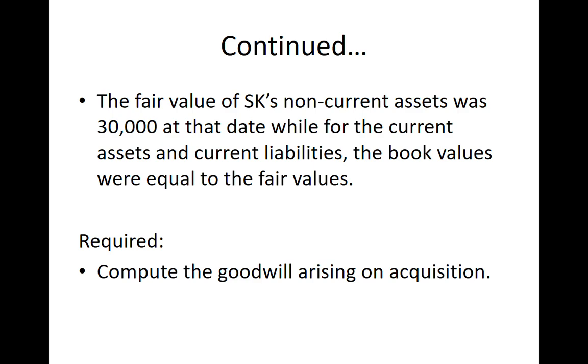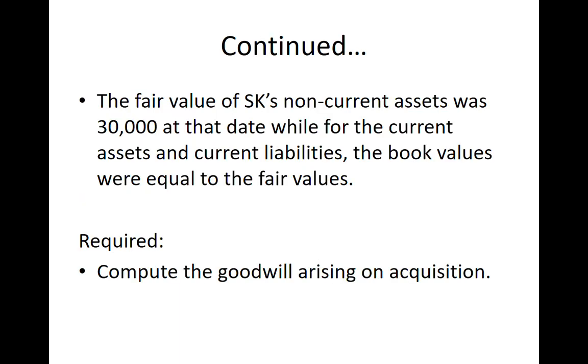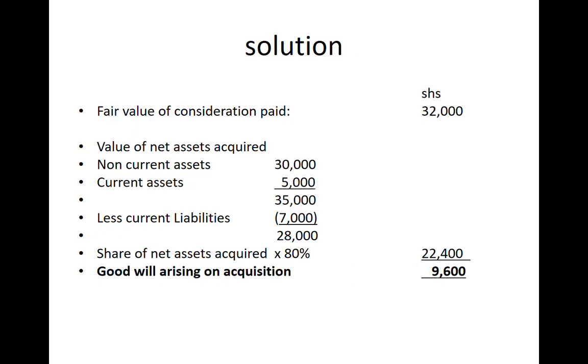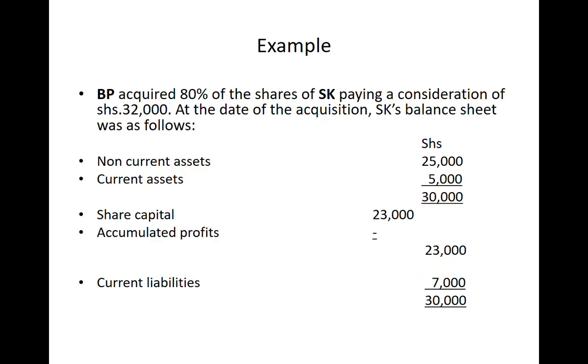So to compute goodwill arising from this acquisition, we can see that the non-current assets were 30,000, and then we have also set our fair value of consideration at 32,000, so let us assess and see what we should do. So it means that we're going to acquire SK, the balance sheet of SK.